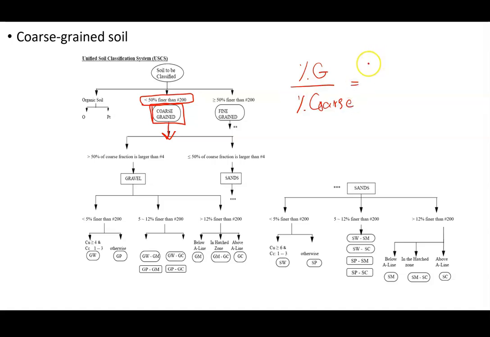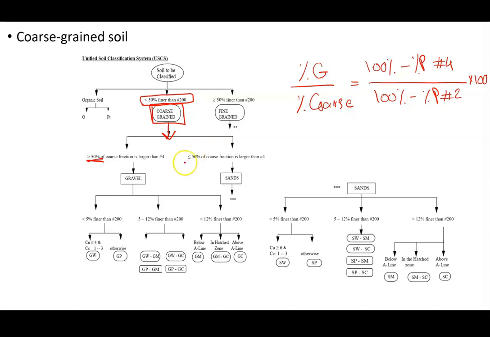So you calculate the percent of gravel and divide it by the percent of coarse material. If this number is more than 50%, it means that we have more gravel.